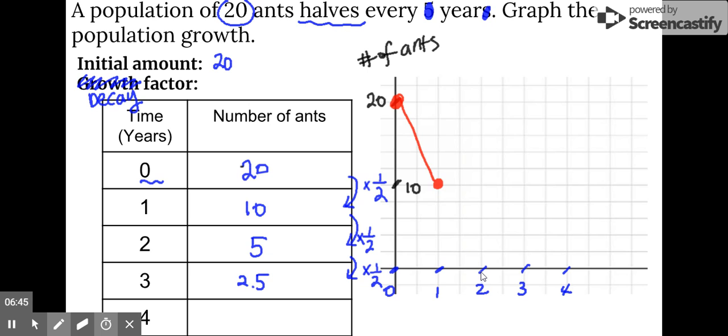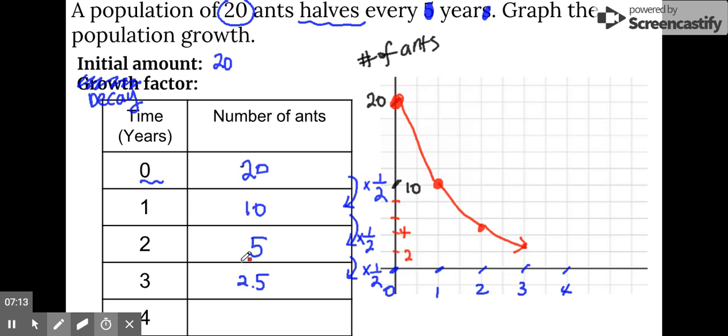What about year 2? It's 5, so it's in the middle. So it's decreasing, but slowly decreasing, slower than the first year. And year 3, it's 2.5. This is 2, 4, 6, 8, so 2.5 should be between here.